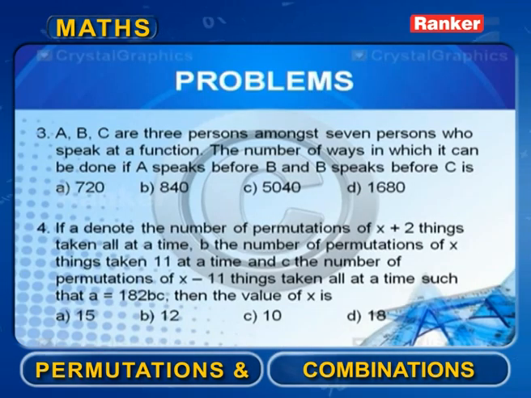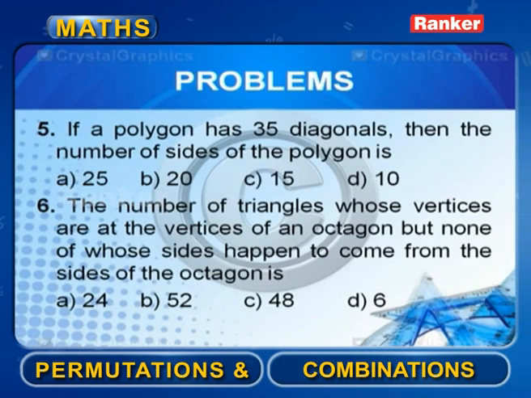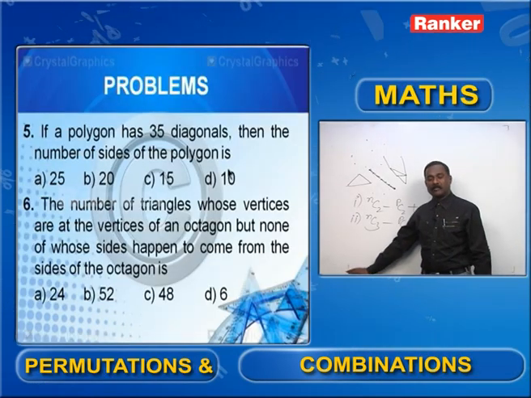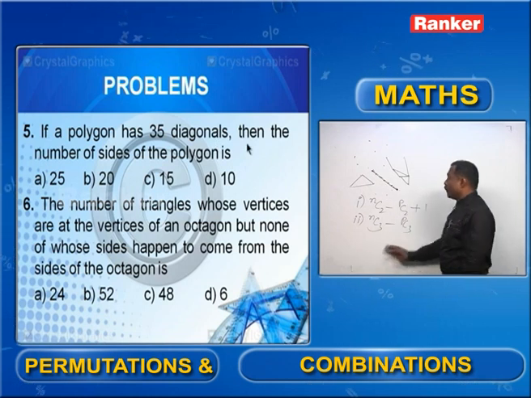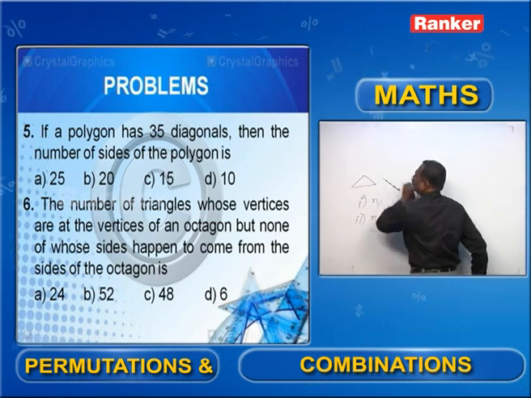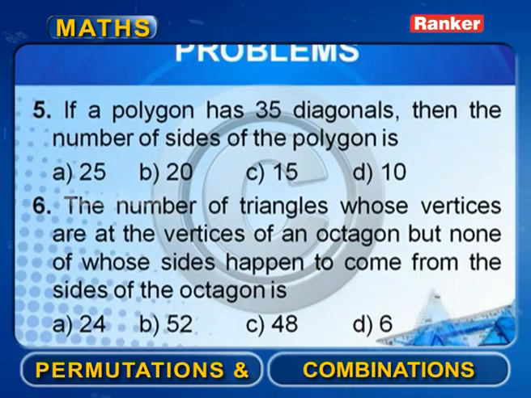So now, if you see the problem on the PPT, please. If a polygon has 35 diagonals, then the number of sides of the polygon is. Can you try that one? Please try that one. The question given is a very simple question. The number of diagonals of a polygon is 35.